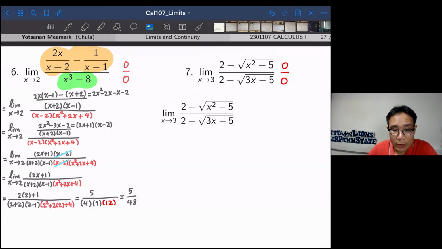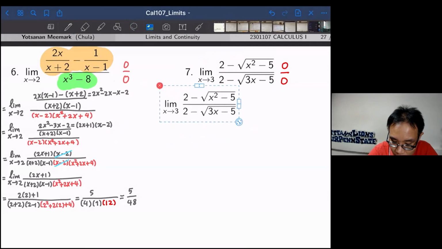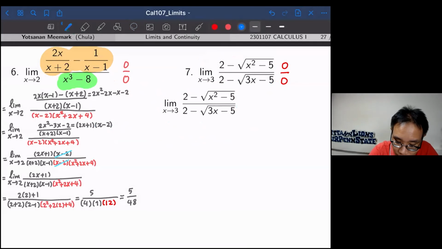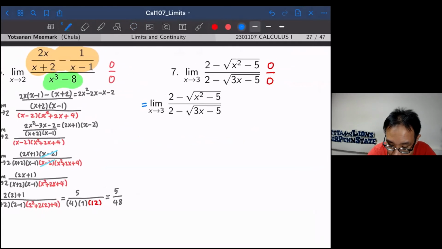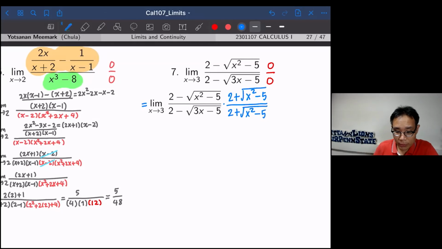So this limit turned out to be equal to, you're going to multiply this one by 2 plus square root of x squared minus 5 on top, and 2 plus square root of x squared minus 5 on the bottom.